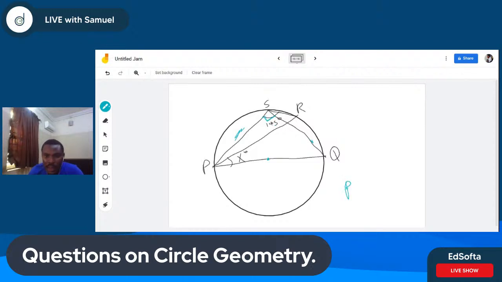So PSQ is 90 degrees. But we're not done, we're looking for x. So we ask ourselves, how are we now going to be able to find x if we found PXQ?